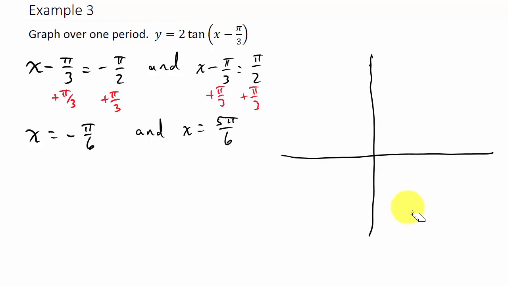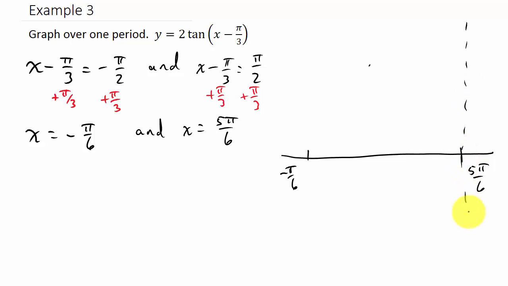Well, we don't know. So what we'll do is we'll just go ahead and mark the pi over 6, and we'll mark the 5 pi over 6. There's our asymptotes. Okay, and let's break this up and then we'll put the y-axis in.